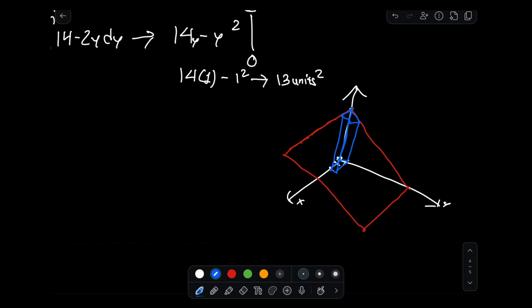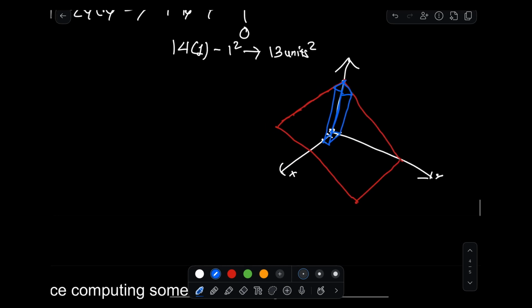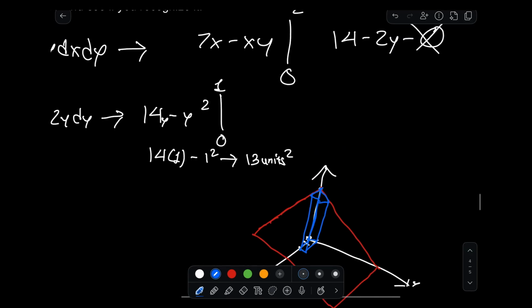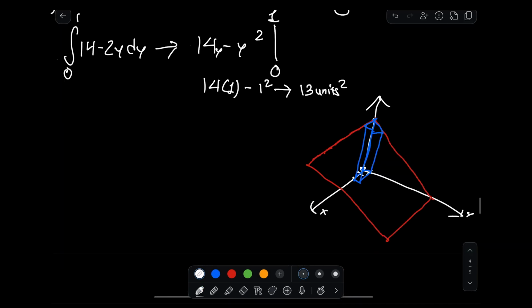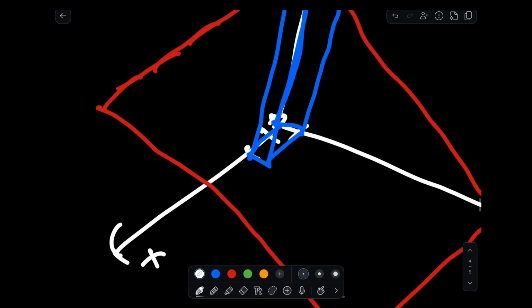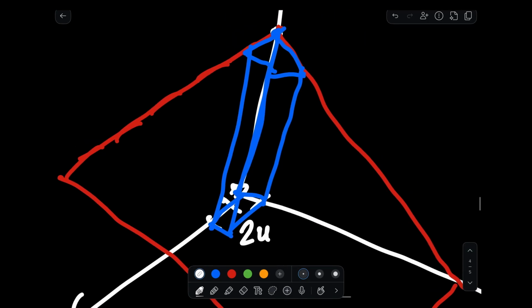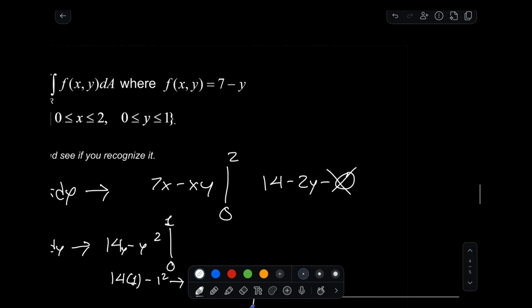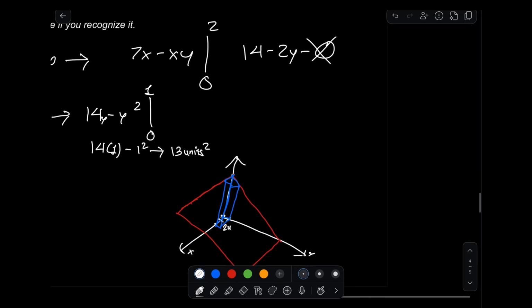And in fact, you could actually just solve for it like a trapezoid, where you would get your different values corresponding to your different x and y, right? So in this case, you would see that the base is just 2 units, and then your heights correspond to different values. At y equals 0, it would be 7.